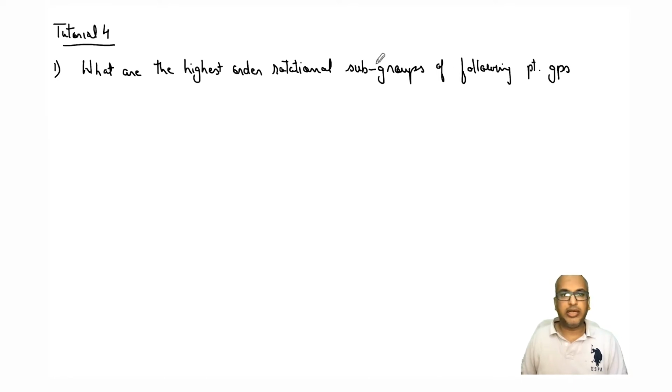So the question is asking, what are the highest order rotational subgroups? So a subgroup, as you know, is the set of group elements which follow all four properties of the group, out of that particular point group, right?